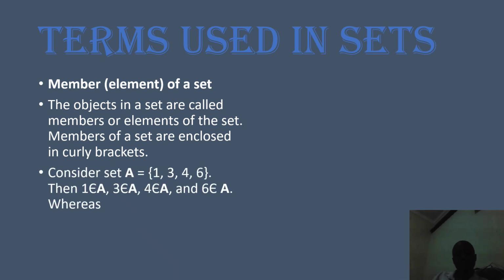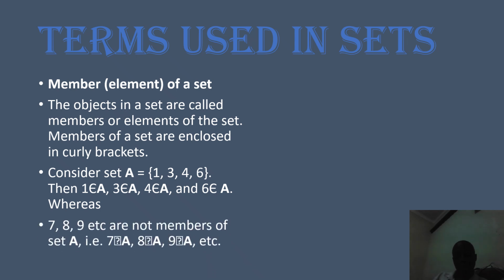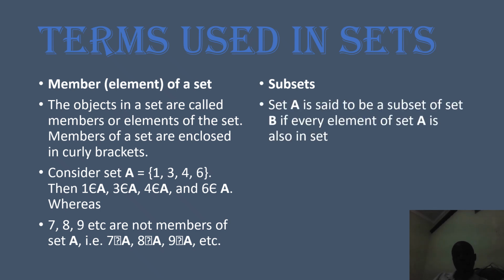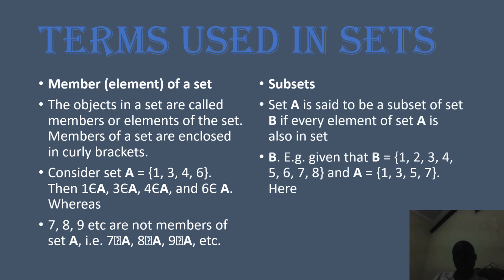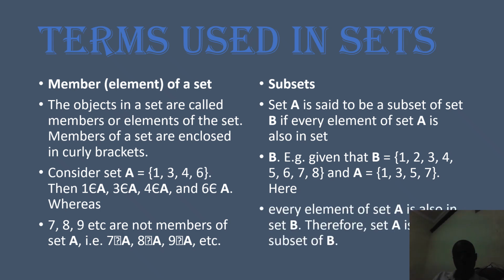For example, consider a set A which has 1, 3, 4, 6 as its elements. So we can say that 1 is a member of A, 3 is a member of A, 4 is a member of A, and 6 is a member of A. This is because we see 1, 3, 4, and 6 all belonging to set A.